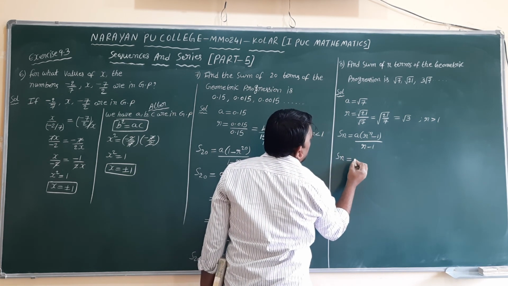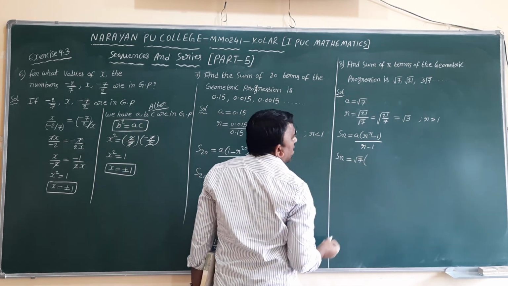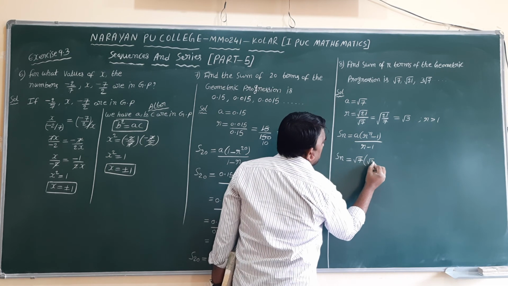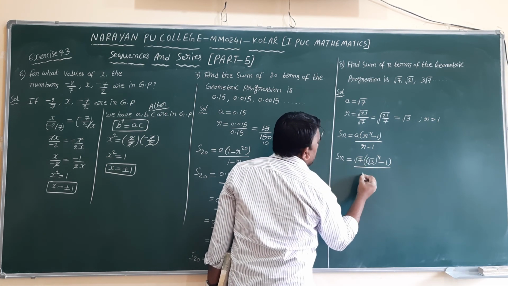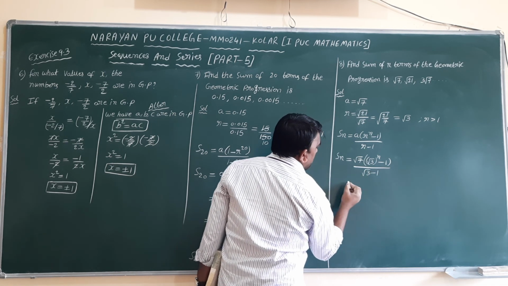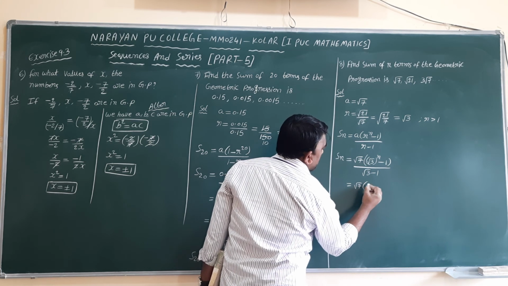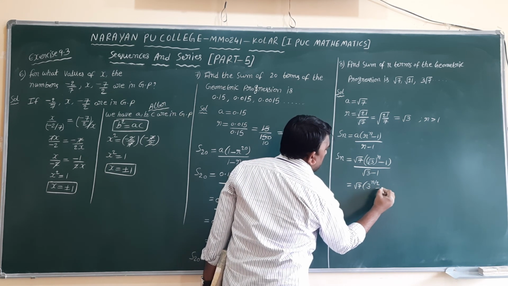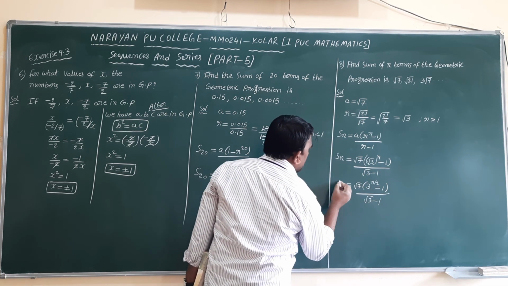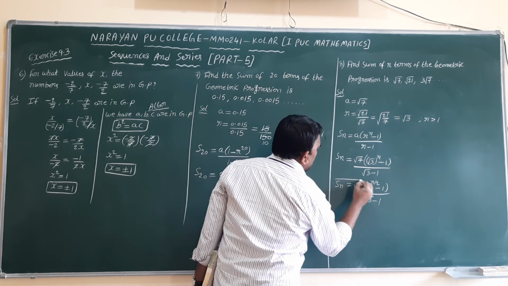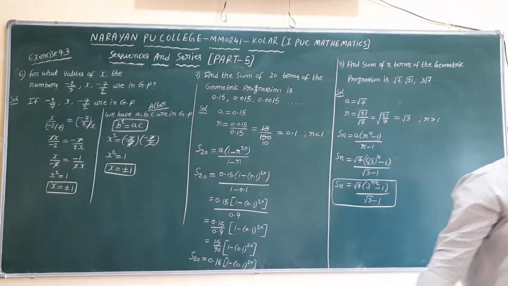Sn equal to a value root 7 into r value root 3 whole power n minus 1 divided by root 3 minus 1. So finally root 7 into 3 power n by 2 minus 1 divided by root 3 minus 1, that is Sn value. If you want to get the simplified value, you can do the rationalization of the denominator also.